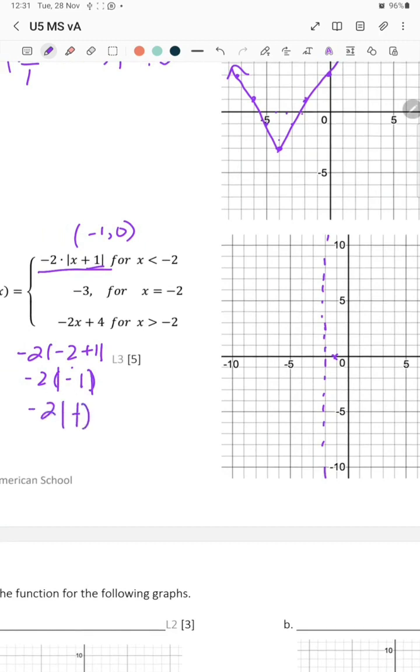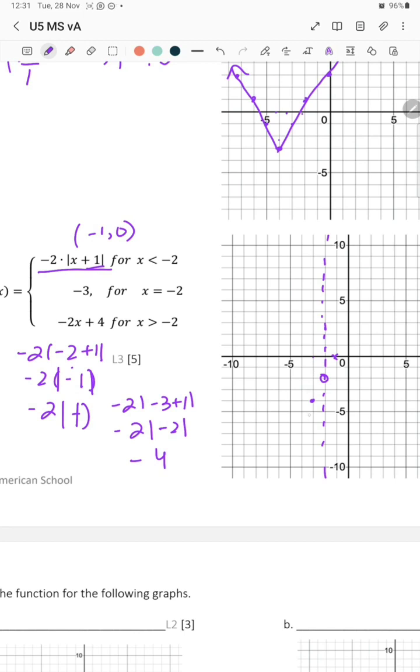Mod will make it positive. So the first point would be at x equal to -2, but this is not included. The next point would be x is -3, which gives -4. This will be the point.